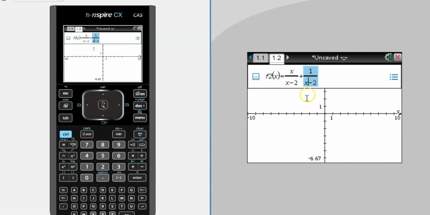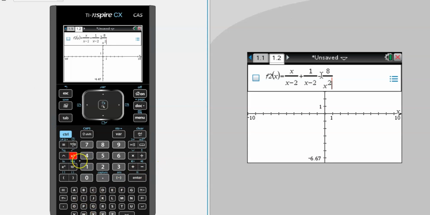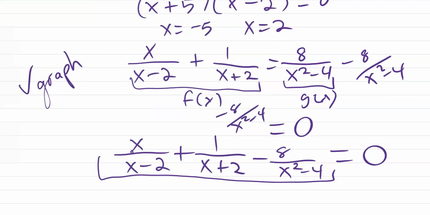There we go. And then it was minus 8 over x squared minus 4. I'm sure that's all right. Okay.